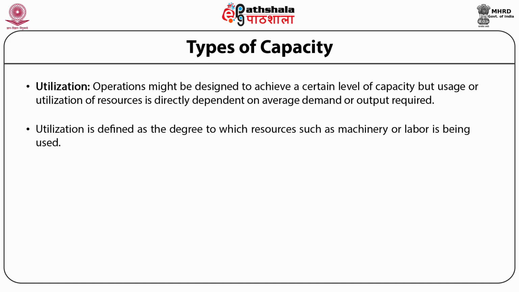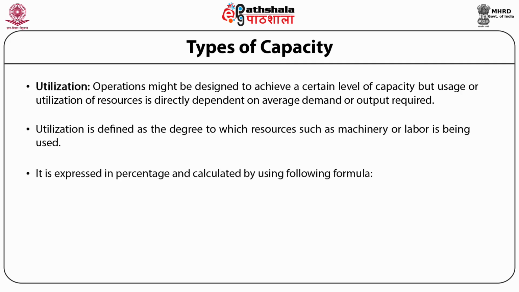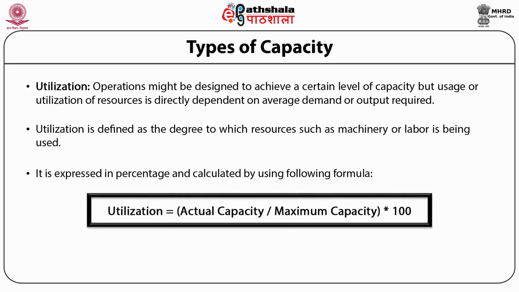Utilization is defined as the degree to which resources such as machinery or labor are being used. It is expressed in percentage and calculated by using the following formula. Utilization is equal to actual capacity divided by maximum capacity, into 100.